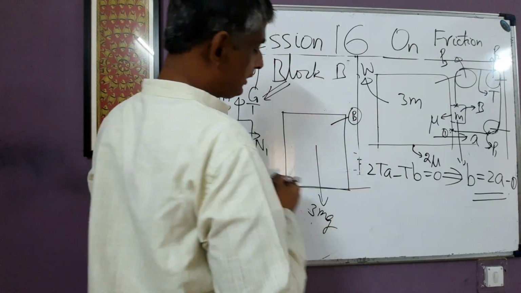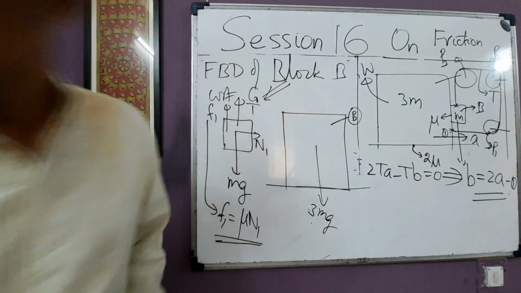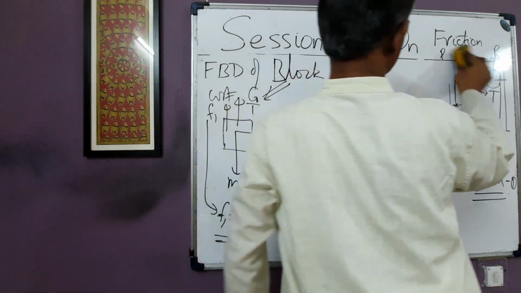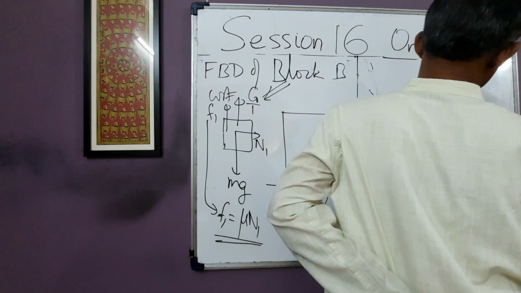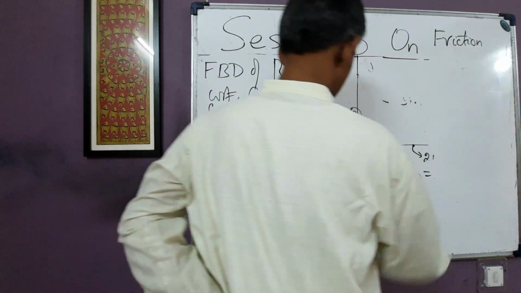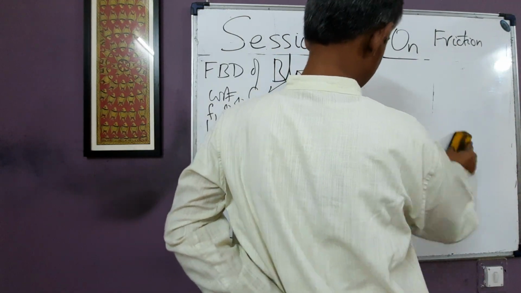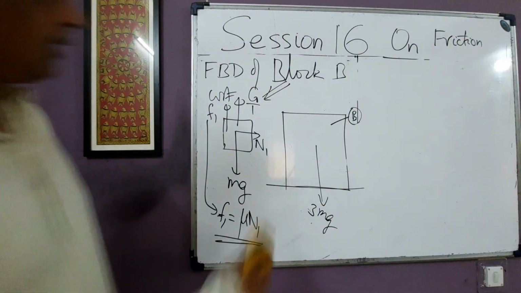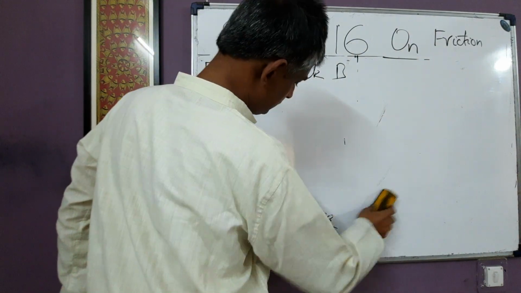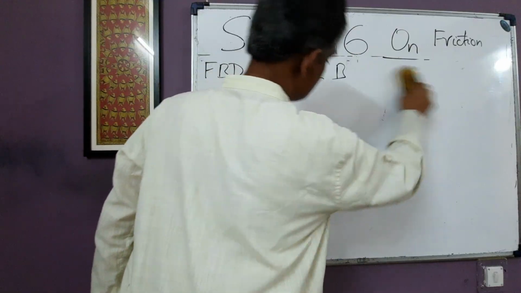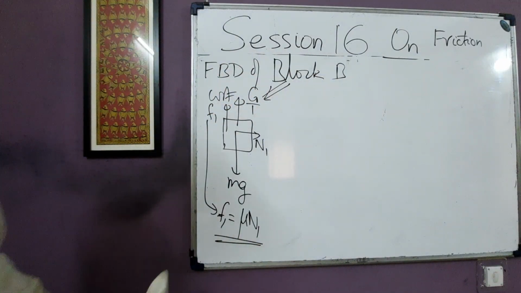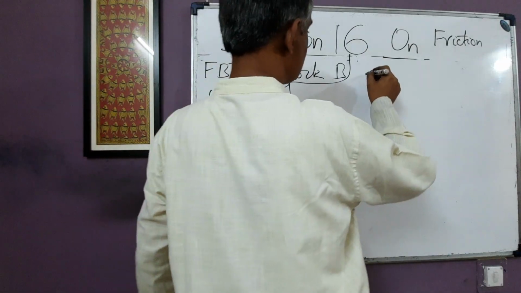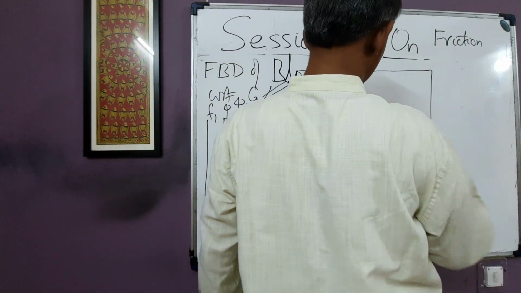I'll rub this one. This I draw in the second column. See, the FBD of wedge W with respect to ground.